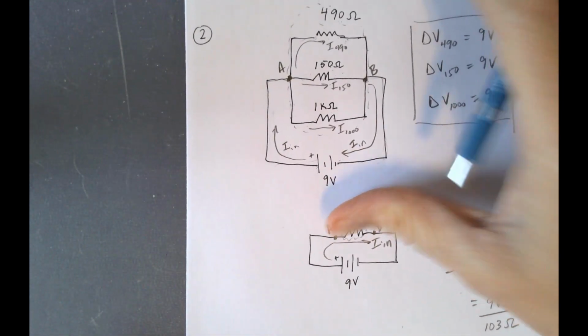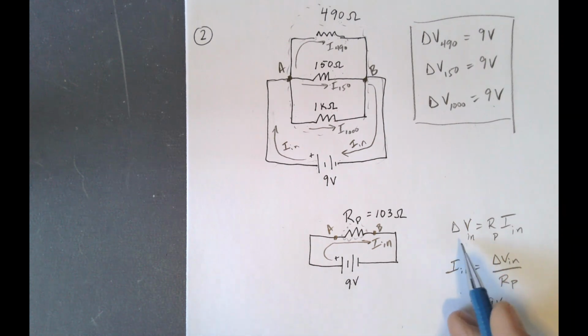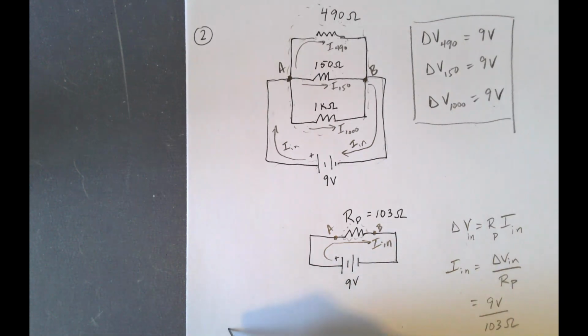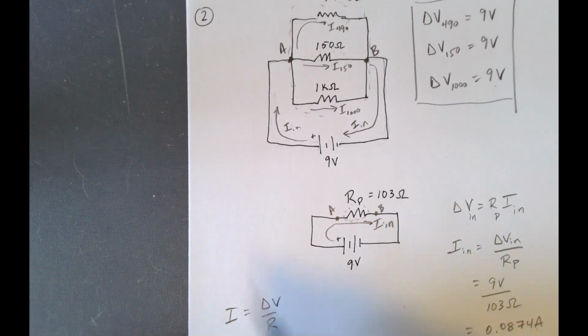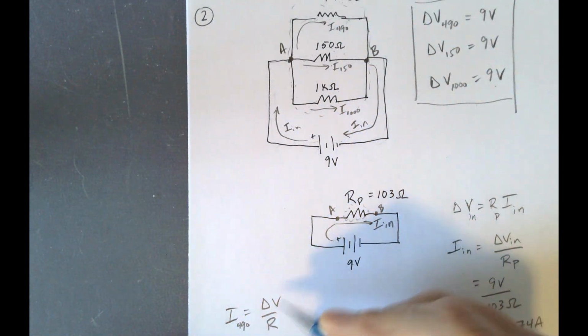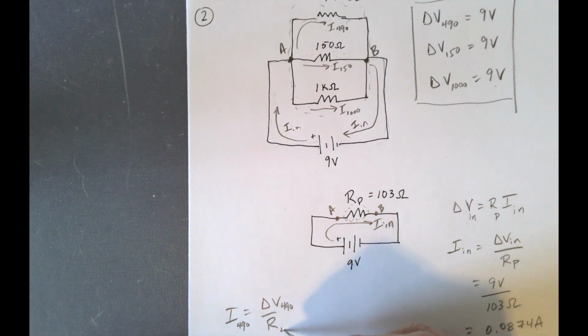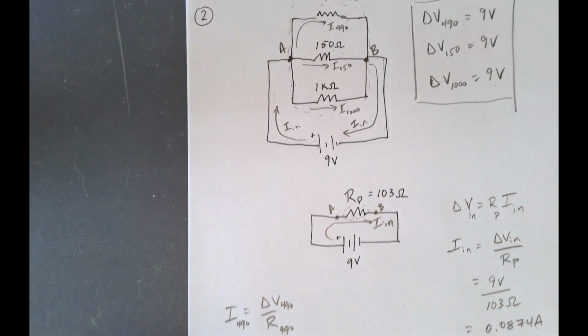So let me see if I can show everything here. We're going to use Ohm's law again for each one of these, using the simple equation that we just derived: I is equal to delta V over R. Specifically, I for the 490 is going to equal delta V over R of the 490. Sorry, it's hard to see.